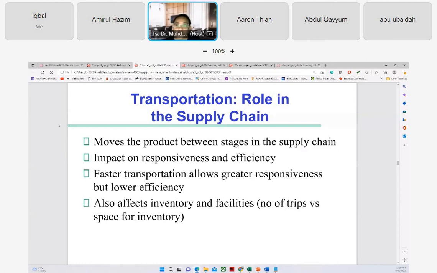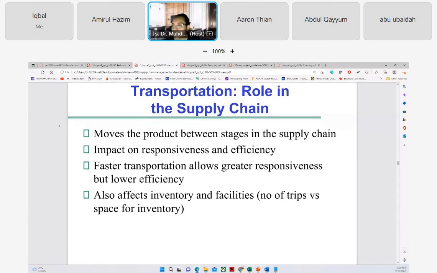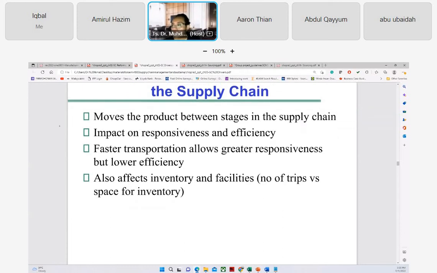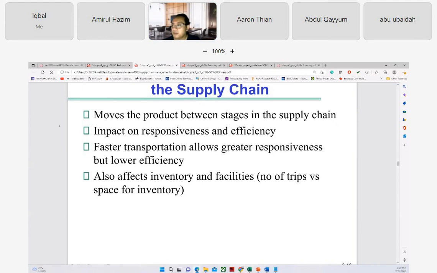So you want to move your products from point A to point B. There is an impact on responsiveness and efficiency. Faster transportation allows greater responsiveness but lower efficiency. It also affects inventory and facilities, the number of trips versus space for inventory.